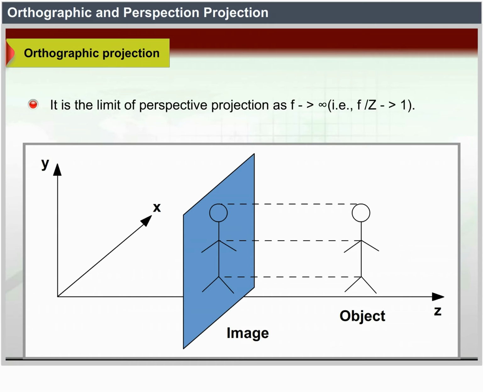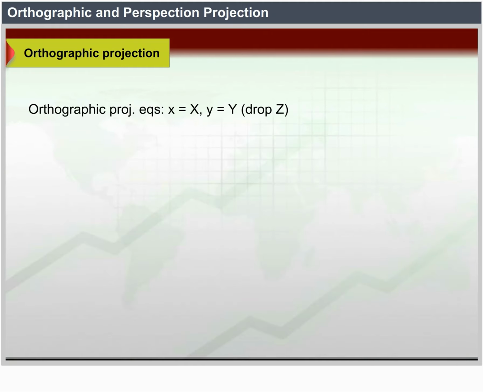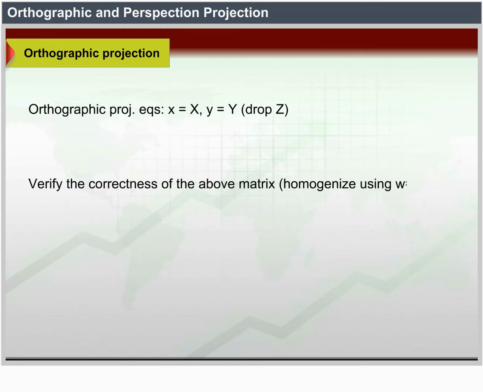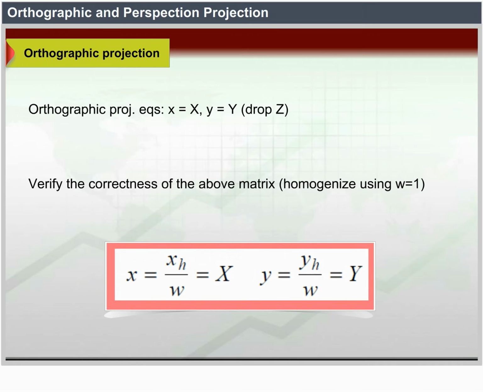Orthographic projection equations: x equals X, y equals Y. Using matrix notation, (xh, yh, zh, w) equals the matrix [1 0 0 0; 0 1 0 0; 0 0 0 0; 0 0 0 1] times (X, Y, Z, 1). Verify the correctness of the above matrix. Homogenize using w equals 1. x equals xh by w equals X. y equals yh by w equals Y.